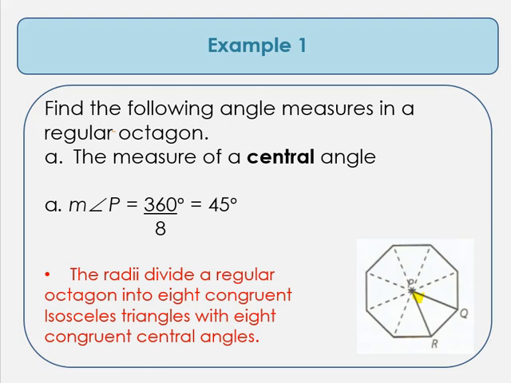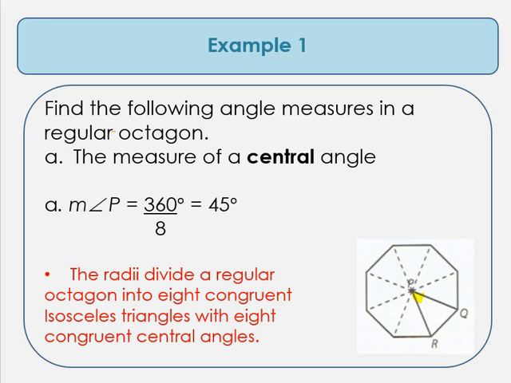Well, where did that 360 come from? The 360 is actually from a theorem that we're going to learn in a couple of slides. So, for some reason they've introduced this before we've done the theorem, but that's okay, which will be 45 degrees.